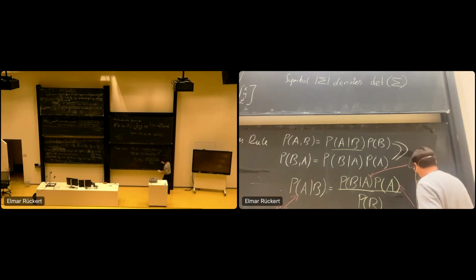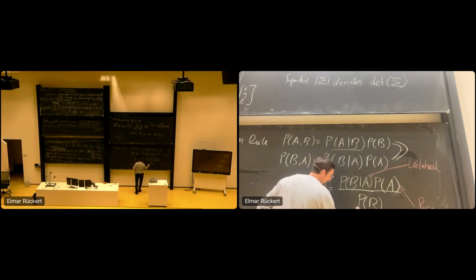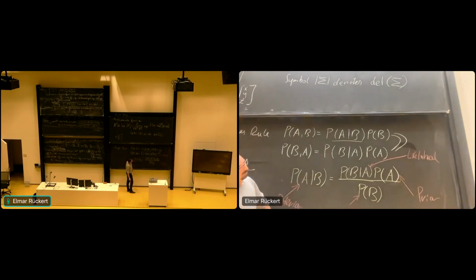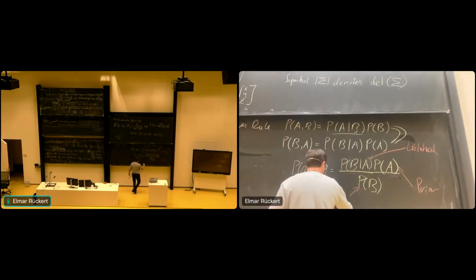And we have a prior. The last thing, which is often neglected in machine learning, is the normalization term.